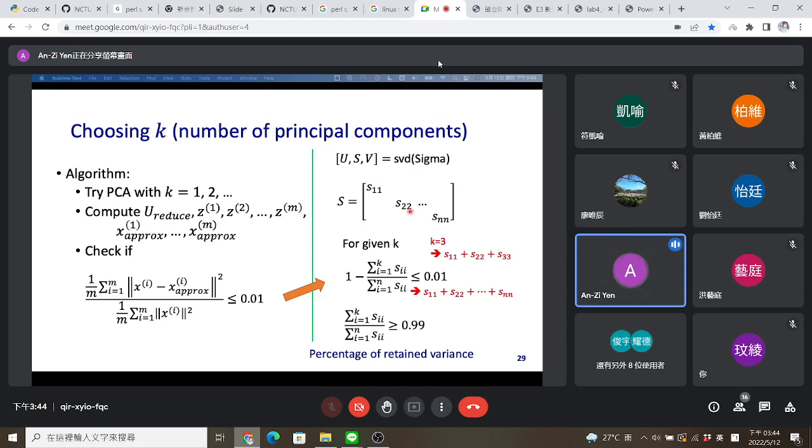The diagonal entries S11, S22 up to Snn are going to be the only non-zero elements in this matrix, and everything else is zero.